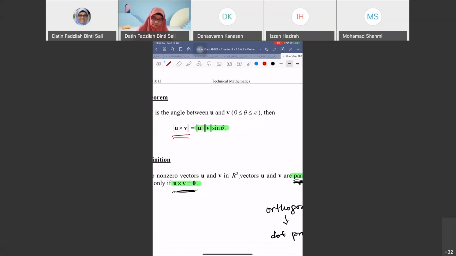So that means this is the same as the area of a parallelogram. So the magnitude of u cross v is the area of a parallelogram.